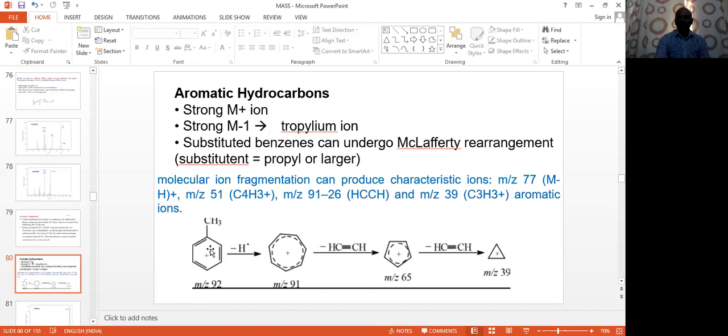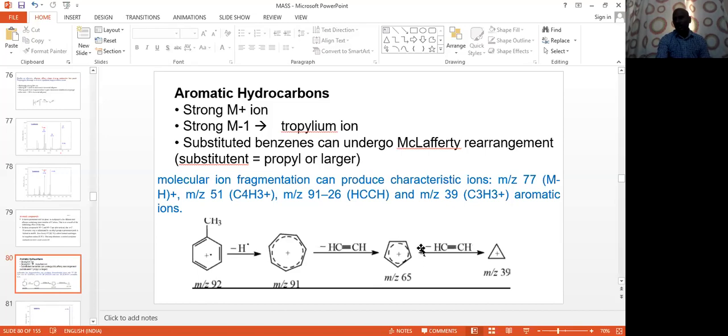If we take toluene, it undergoes the scrambling, that is, rearrangement. Then you have the M by Z value 91, which represents the tropylium ion. Further, the tropylium ion undergoes fragmentation, and acetylene is removed as a neutral molecule, and you have the cyclopentadienyl fragment.